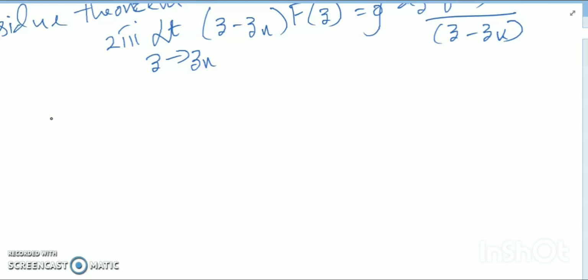We have to choose a closed contour. So how can we choose? There are a lot of possibilities in here in the propagator.